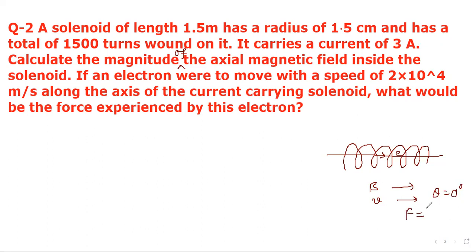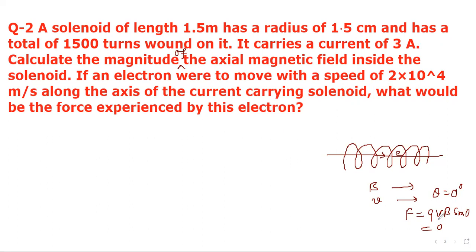So force on the electron, if we apply QVB sine 0 degree, we will get 0. So the second portion is clear, that there is no force if an electron were to move along the axis of the current carrying solenoid. So from here it is clear that there won't be any force.